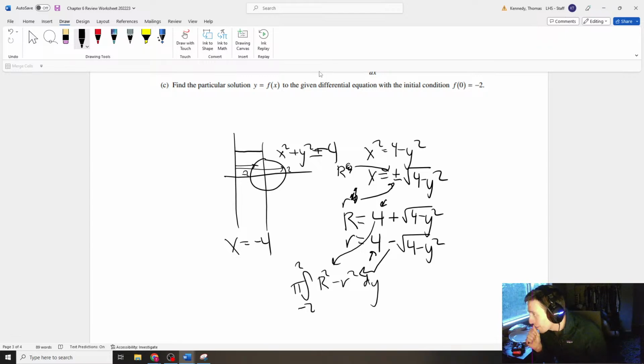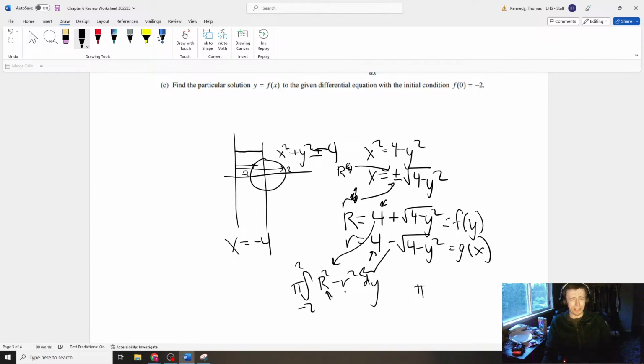To clarify, if we do the shortcut thing on the effort kit, the R thing I did here is too lazy. If you said that this is f of y and this is g of y, then you could do this. You could do pi times the integral from negative 2 to 2 of f of y squared minus g of y squared dy.